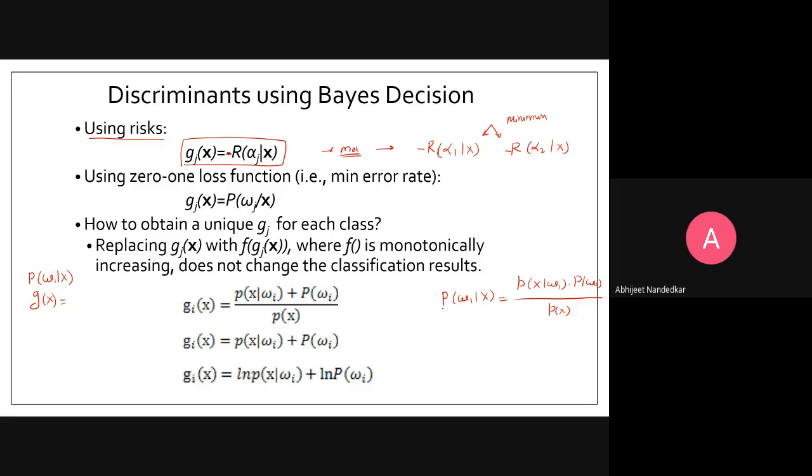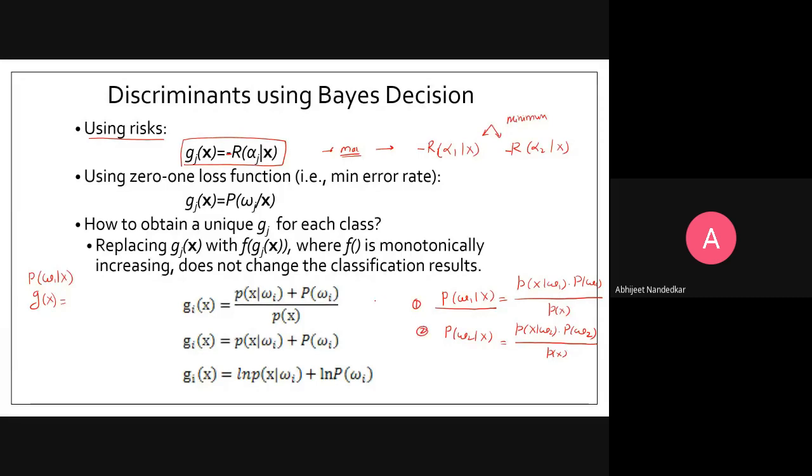So this is the posterior for class 1, and similarly I can write probability of omega 2 given x as probability of x given omega 2 into probability of omega 2 divided by probability of x. So these are two equations.